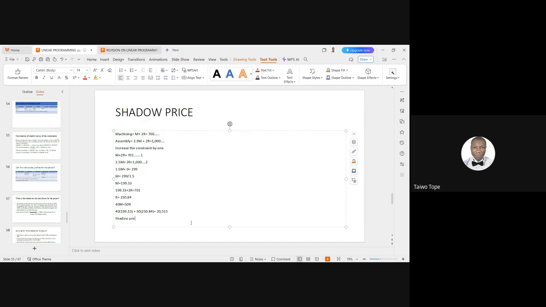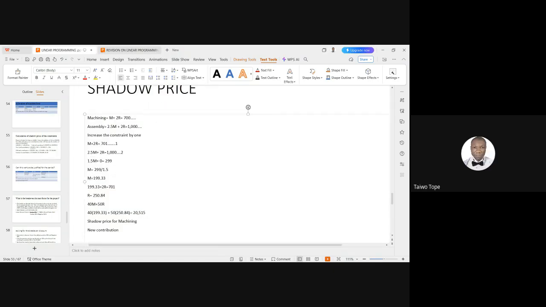New contribution is what? 20,515.2, less old contribution or existing contribution.